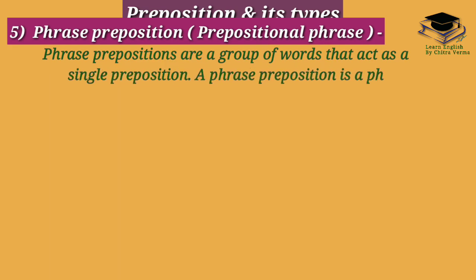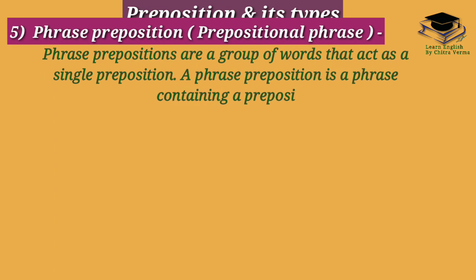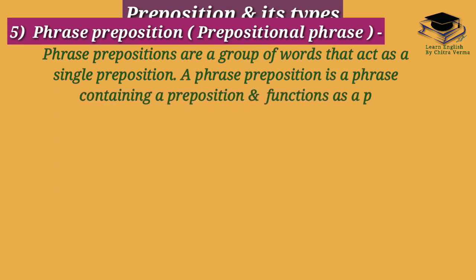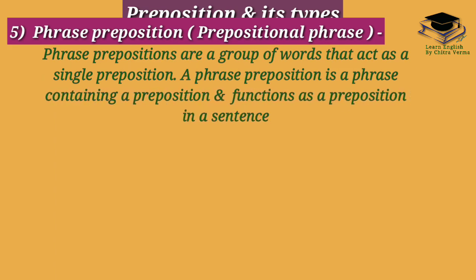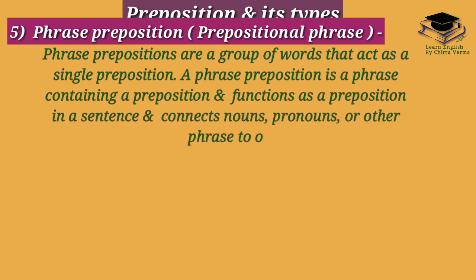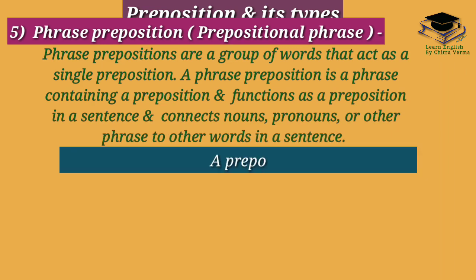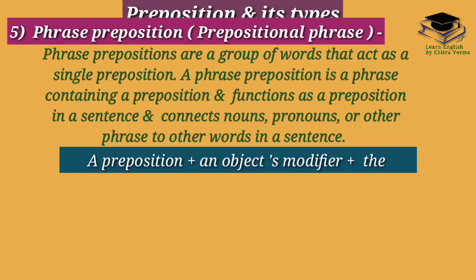A phrase preposition is a phrase containing a preposition that functions as a preposition in a sentence and connects a noun, pronoun or other phrase to other words in the sentence. Phrase prepositions are a combination of a preposition, an object modifier and the object.